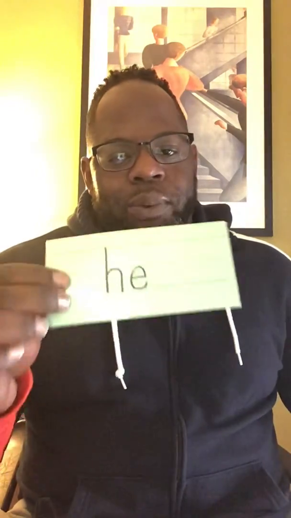I'm going to start with our new sight word. Okay, there was a sight word of the day, and he was our sight word. H E, and he was our sight word. Okay, so this is our new sight word.